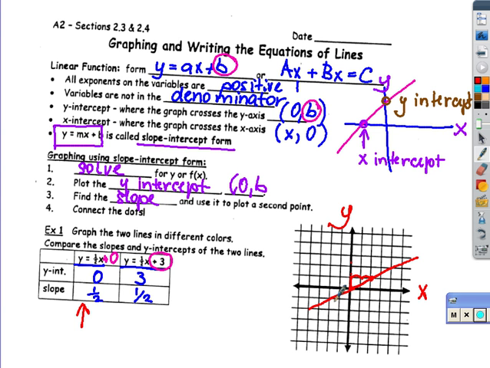I'm trying to make it follow that line. For line number 2, let me use a brown color. This time the y-intercept is 3. 1, 2, 3. Slope again is 1 over 2. So this is my second point, and I will be connecting the dots.